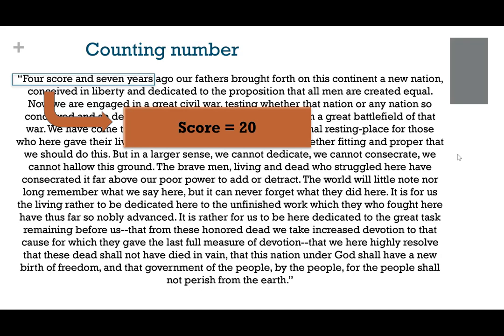Again, score doesn't have to talk about years. If I say I have a score of dogs, how many dogs do I have? I have 20 dogs, yeah. If I have a score of apples, how many apples do I have? I have 20 apples. So a score is also a counting number, one that you probably were not terribly familiar with, but we got comfortable with it pretty quickly.